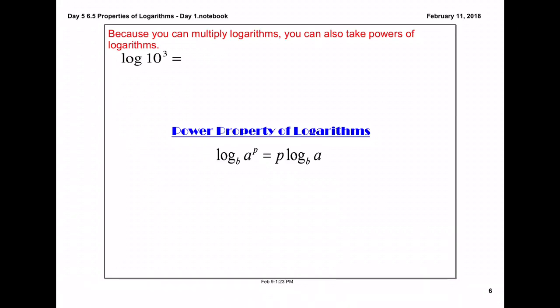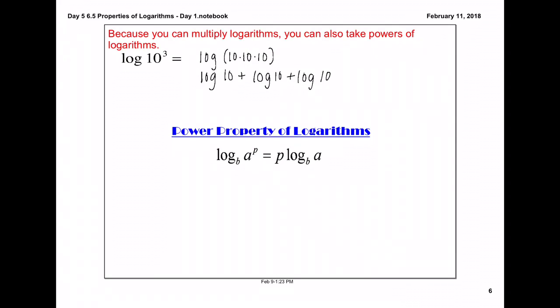Because you can multiply logarithms, you can also take powers of logarithms. If we have log of 10 to the 3rd power, we could rewrite that as log of 10 times 10 times 10. We could take that a step further using the product property, and rewrite it as log of 10 plus log of 10 plus log 10.